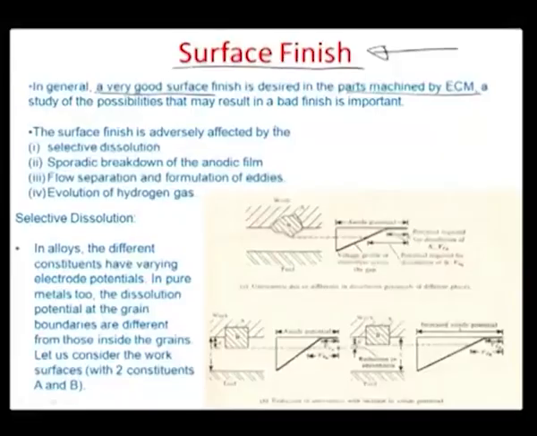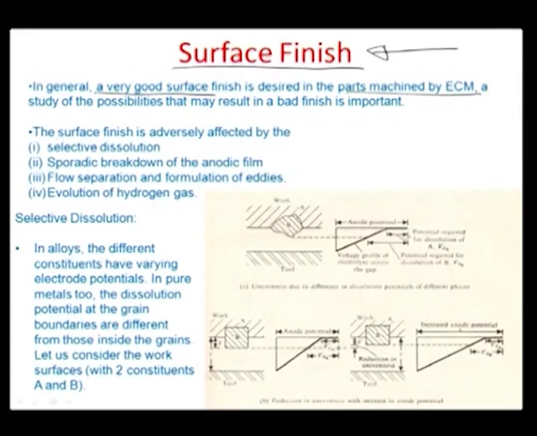So, if there is a local change in the conductivity, it may sometimes result in a different rate of removal of material on specific areas or specific parts of the surface in question.